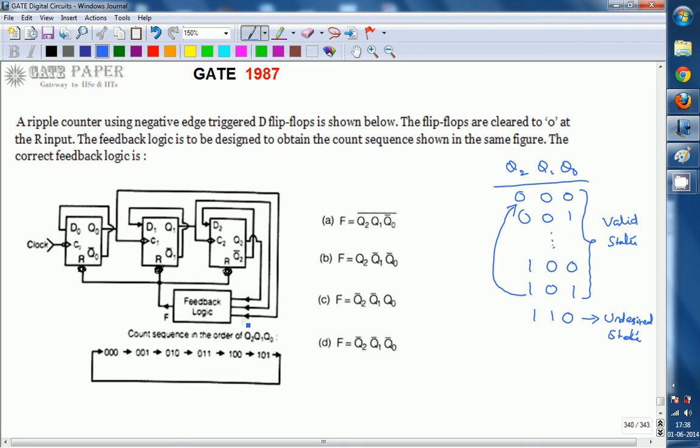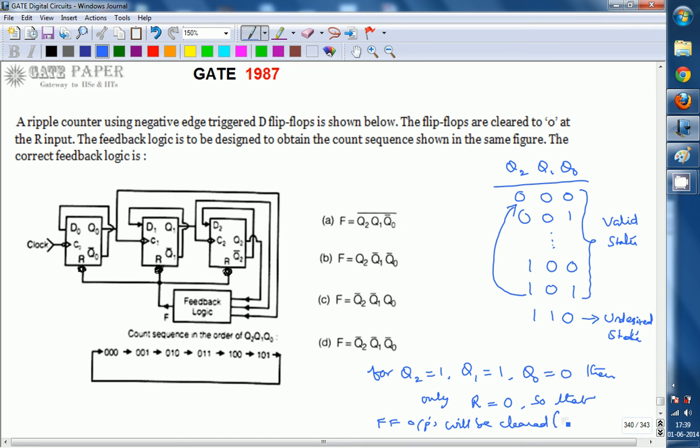So the meaning is, for Q2 equal to 1, Q1 equal to 1 and Q0 equal to 0, only then R must be equal to 0, so that the flip-flop outputs will be cleared.